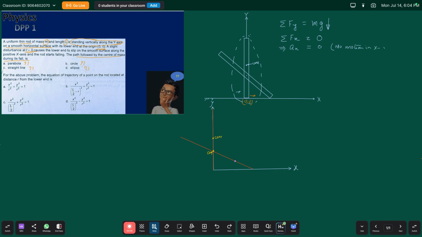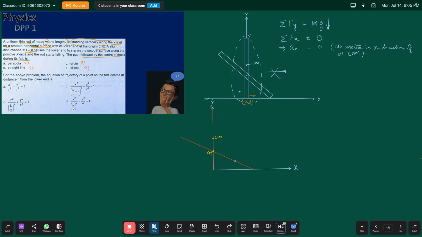So there is no motion in the x direction of its center of mass. In the x direction, the center of mass will not be displaced.